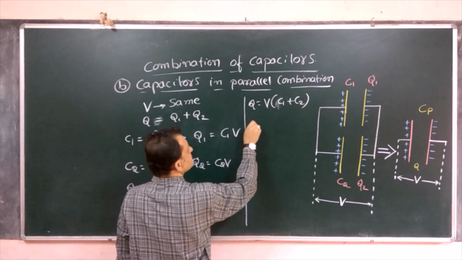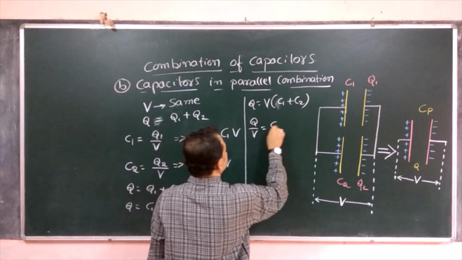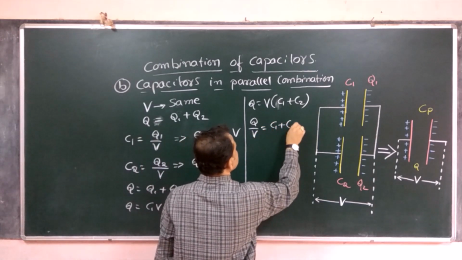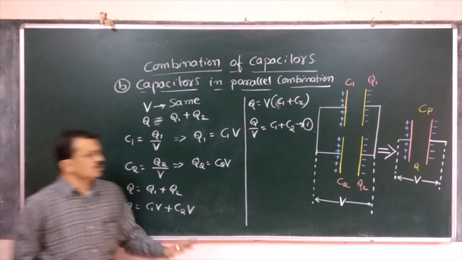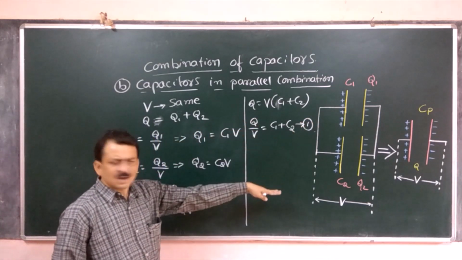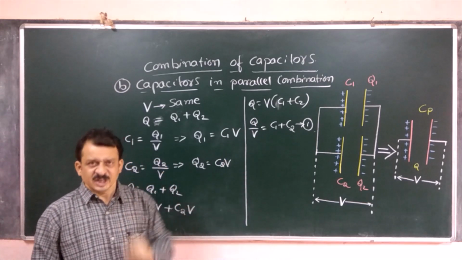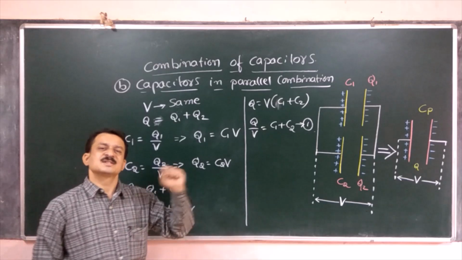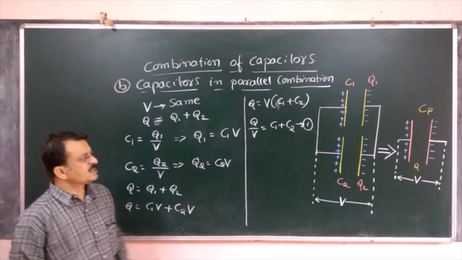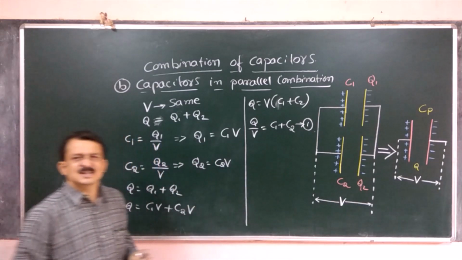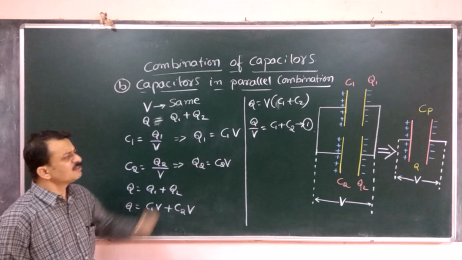Cross multiplying, Q by V is equal to C1 plus C2. Call this equation 1. Now this parallel combination is replaced by a single capacitor which produces the same effect as the combination, and hence that capacitor is called the equivalent or effective capacitor.